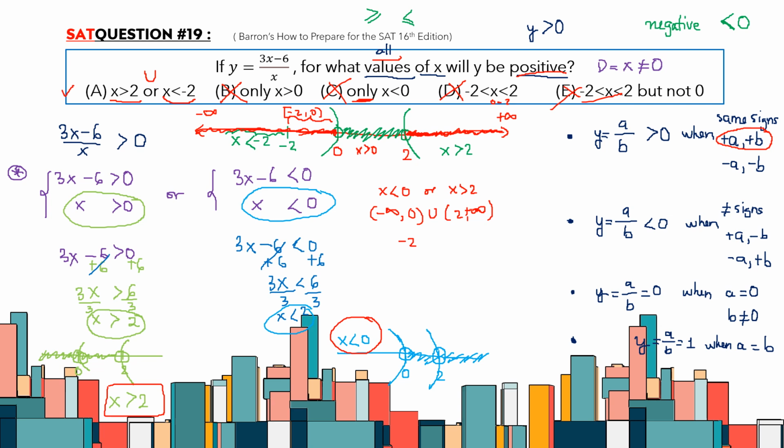When x falls in that interval, it still makes y positive. So A is the correct answer.